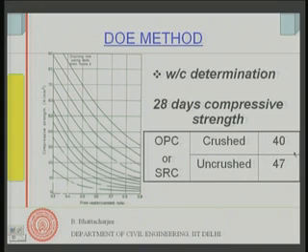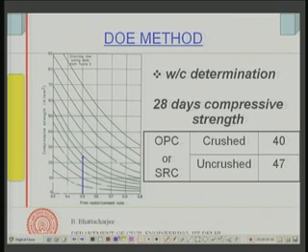The table gives you 1 day, 3 days, 7 days, etc. Several other strengths are also given, for various types of cement, and a part of the table is picked up here. So, this could be the starting point, and this is the 28 days compressive strength for water cement ratio 0.5, W by C equals 0.5, that is the guideline they have given.